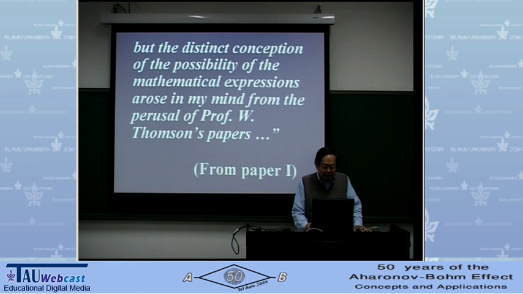But the distinct conception of the possibility of the mathematical expressions arose in my mind from the perusal of Professor W. Thomson's papers." This is, in my opinion, a completely fair statement. You see that here Maxwell was very careful.